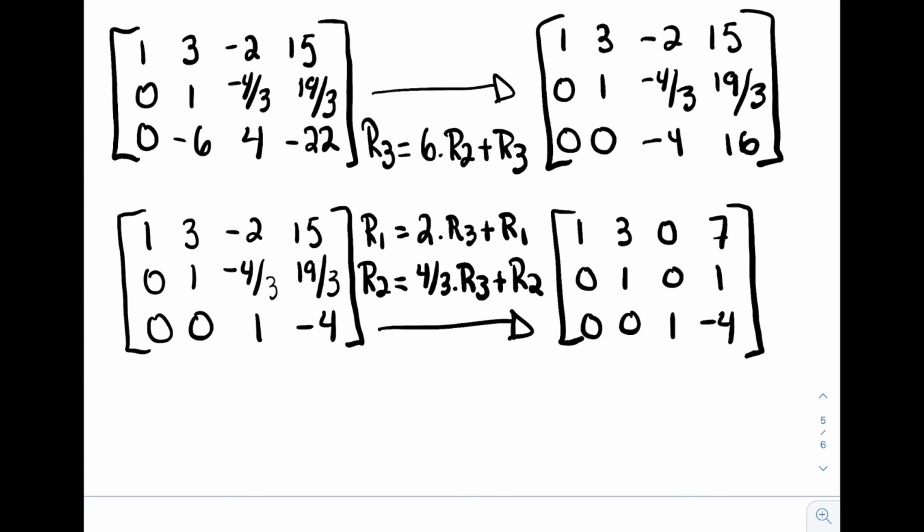So to clear our last 3 right here, we're going to apply our last row operation to row 1, which is going to be row 1 equals -3 times row 2, and add that to row 1, which should give us our final matrix.